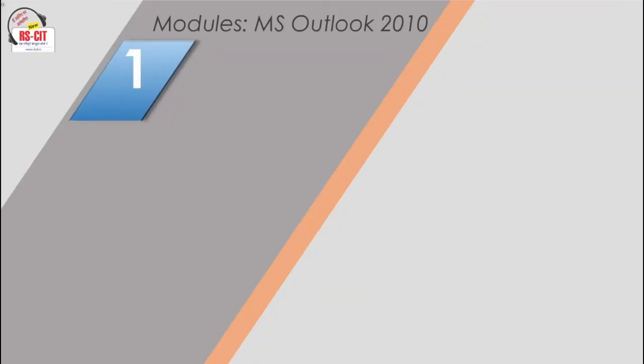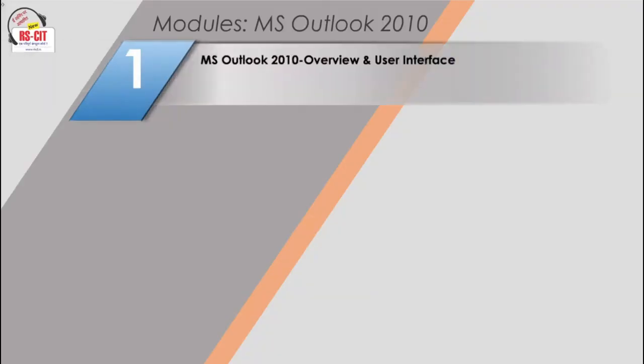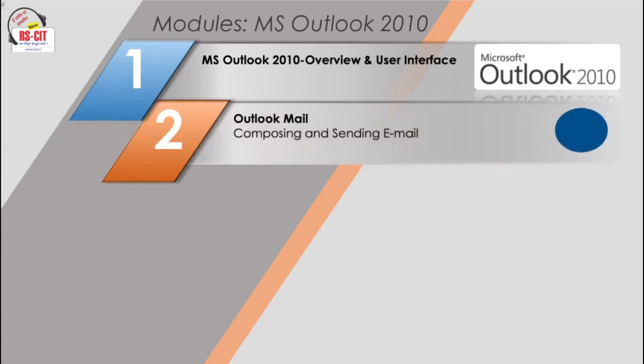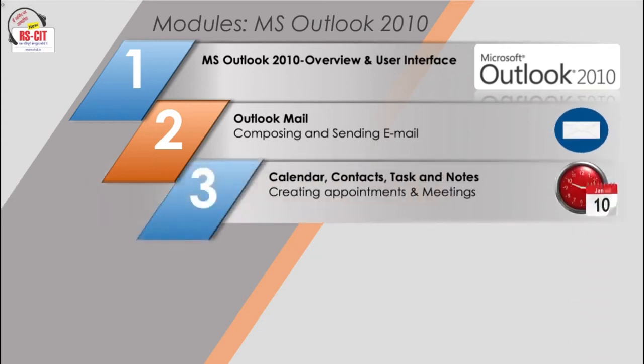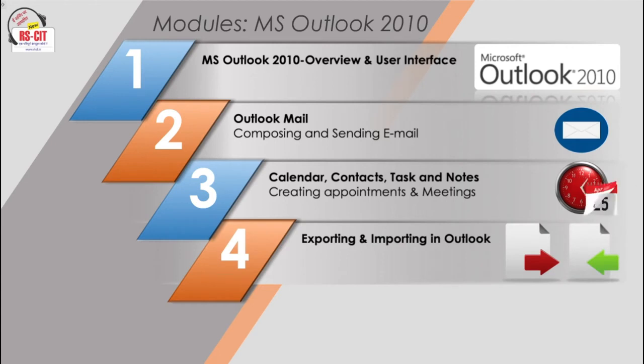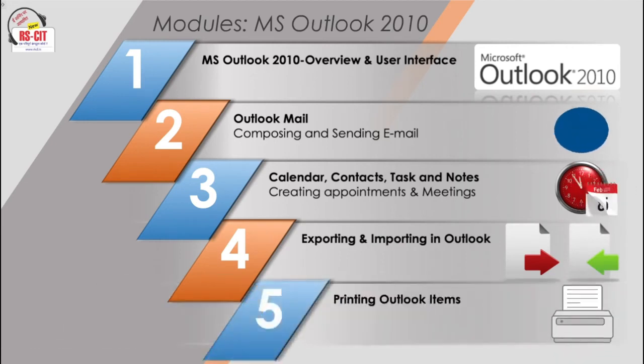Key modules that we will study here are MS Outlook 2010 Overview and User Interface, Outlook Mail, Configuring an email account, composing and sending email, reply to or forward an email message, calendar, creating appointments, scheduling meetings, contacts, tasks and notes, exporting and importing items, backup, restore process, printing Outlook items.